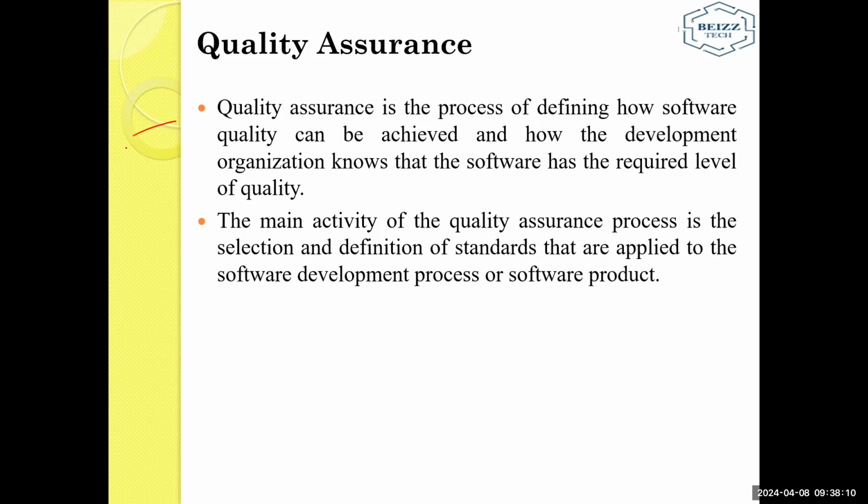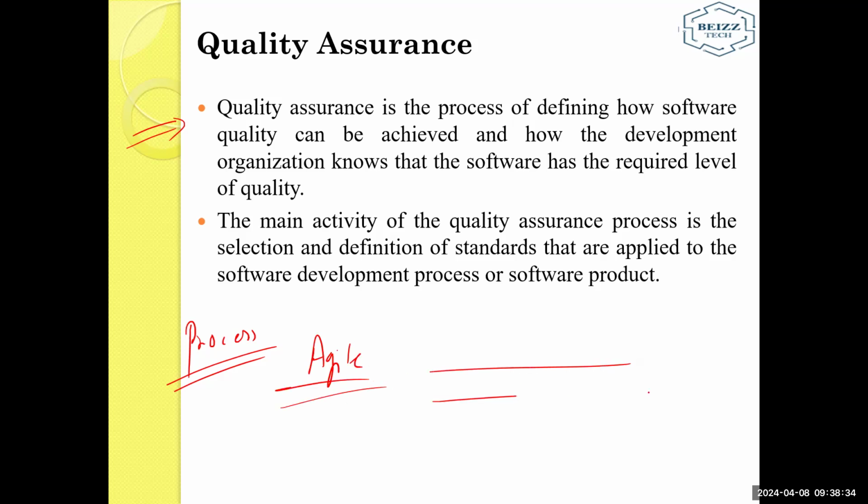So assurance, it is a process of defining how the software quality can be achieved, how the development organization knows that software has required level of quality. So simple, it is process oriented, guys, and it is not only related to testing, but yes, complete process. Like which methodology will you use to develop the software? Suppose it is agile.